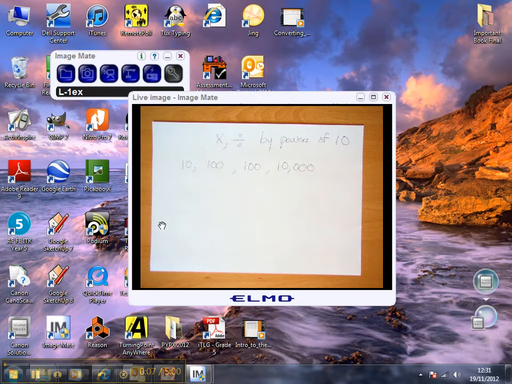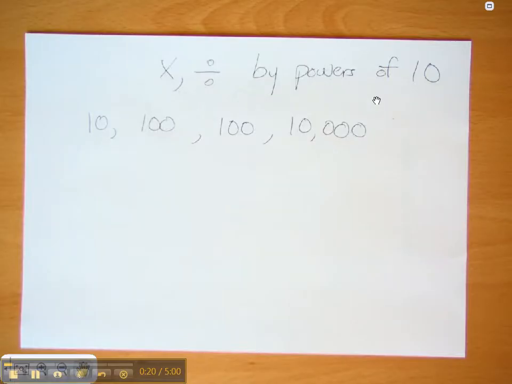Today I am here to talk to you about multiplying and dividing by powers of 10. What do I mean by that? Anytime you multiply a number by 10 or 100 or 1,000 or 10,000 or 100,000 or a million, you're basically multiplying that number by powers of 10.